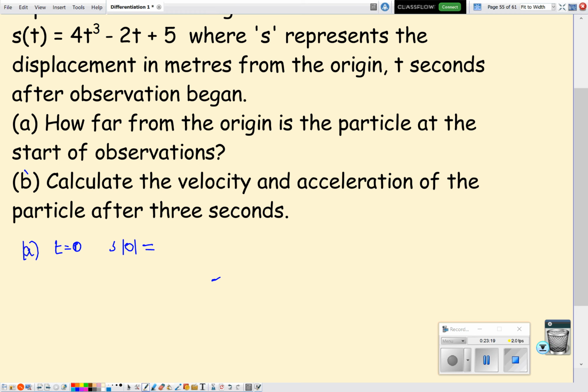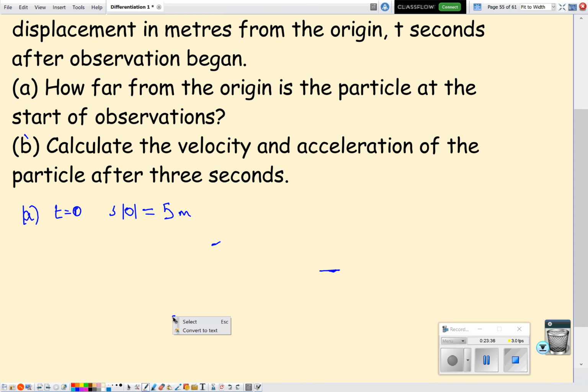Right, s of 0 is just going to be 5. Okay, so the displacement of the particle from the origin at the start is 5 meters. Right, nice and easy, nothing too complicated there.